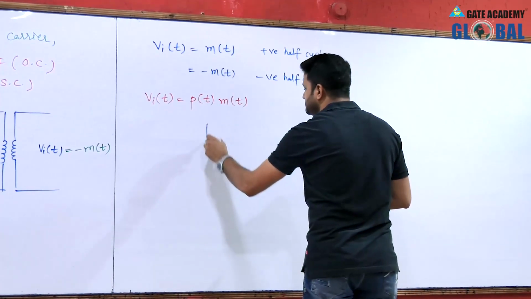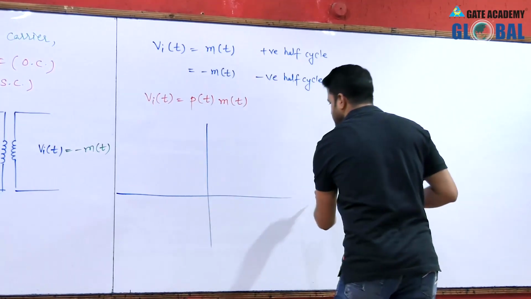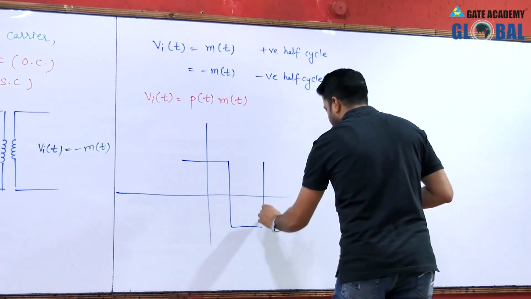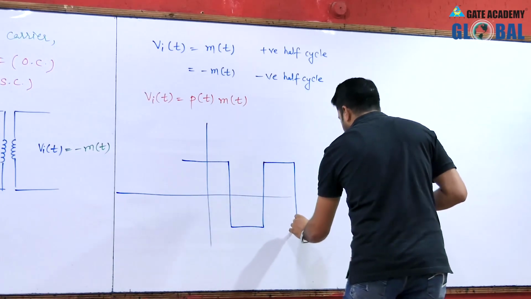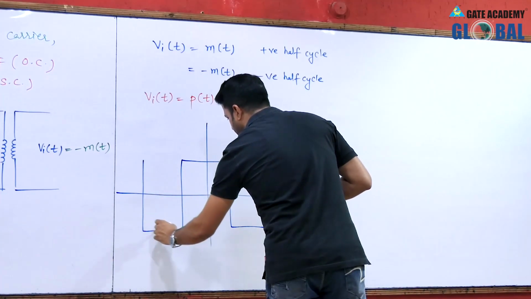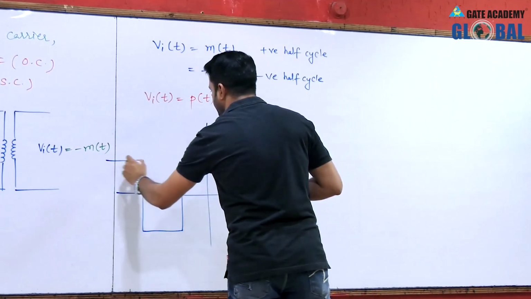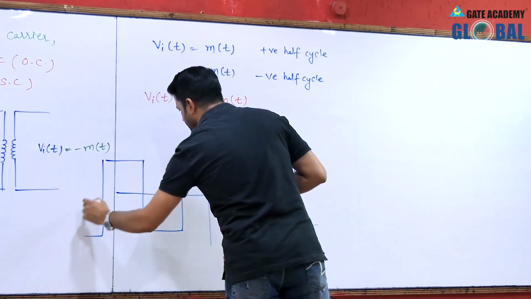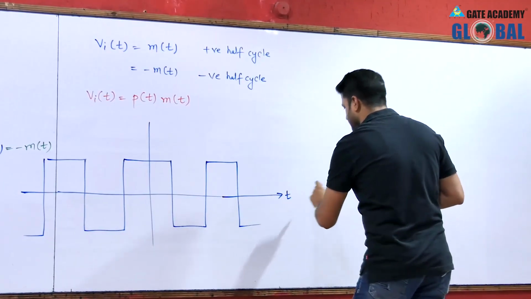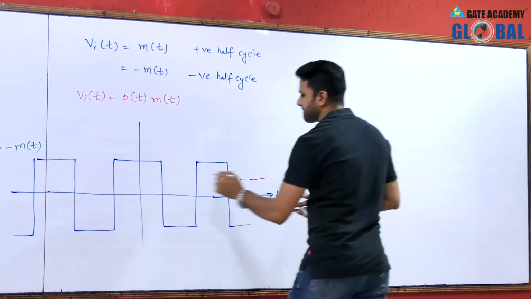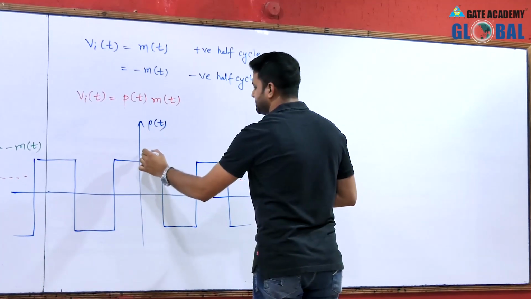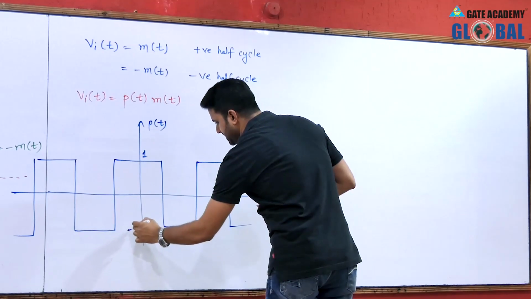This p(t) should be a square wave, and this should be the value of p(t), which is +1 and -1.